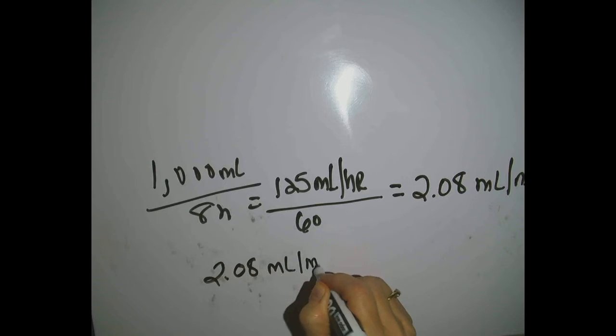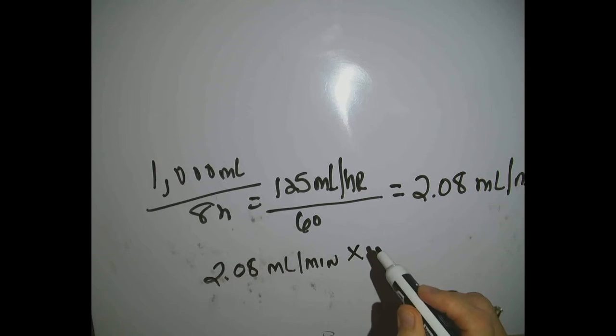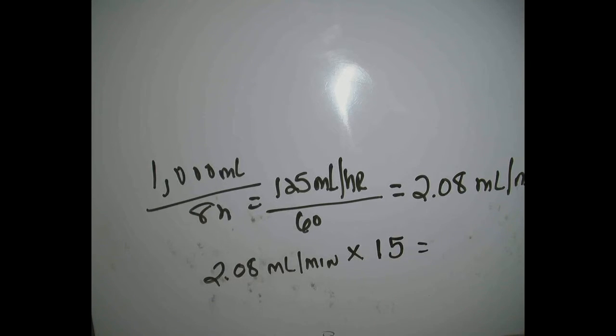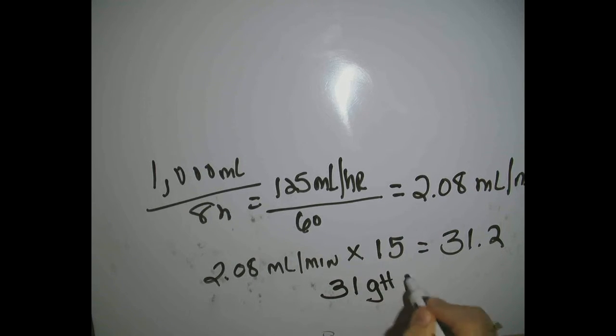So the next step in order to determine the drip rate is to simply multiply the 2.08 milliliters per minute by the drop factor, which in this example was 15. So 2.08 times 15 gives us an answer of 31.2. We would want to round that to a whole number, so in this example, there are 31 drops per minute.